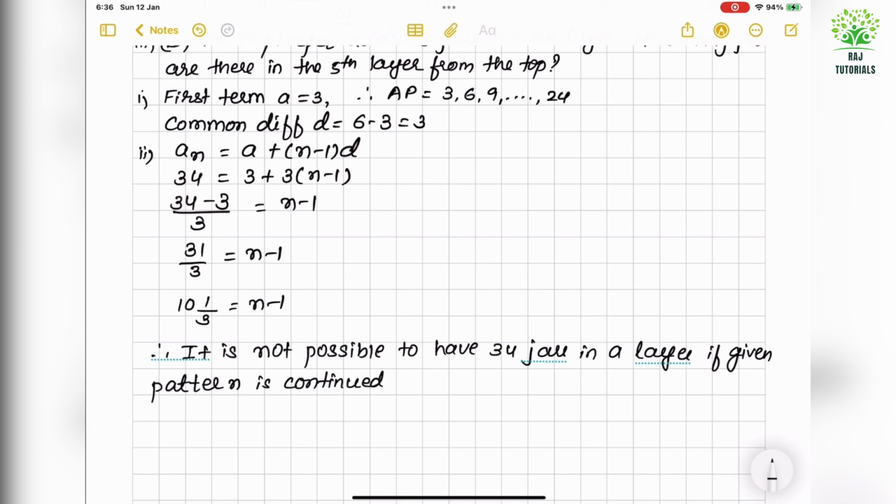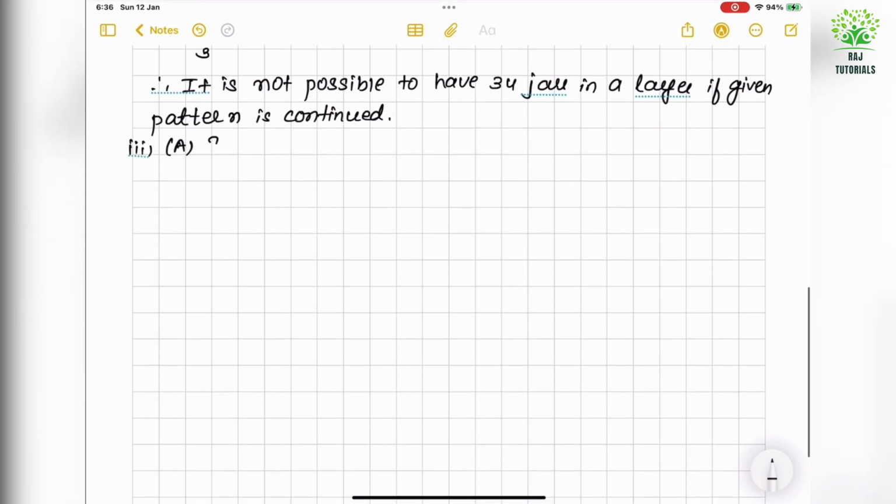Then the third one, A1, says, see, now the formula is Sn equals n by 2 into (2A plus (n minus 1)D). So Sn I don't know, n I don't know, so n upon 2 into (6 plus 3 into (n minus 1)).